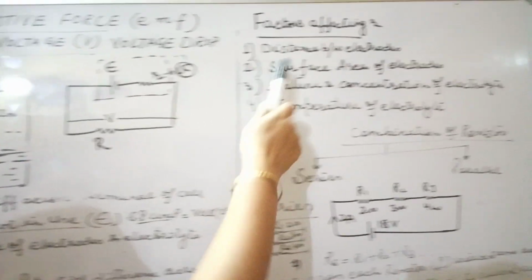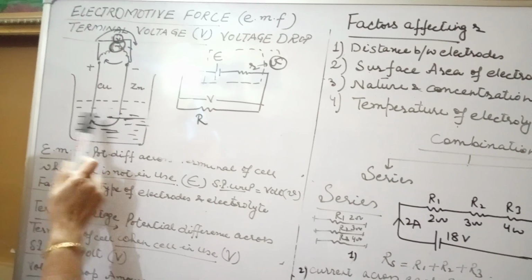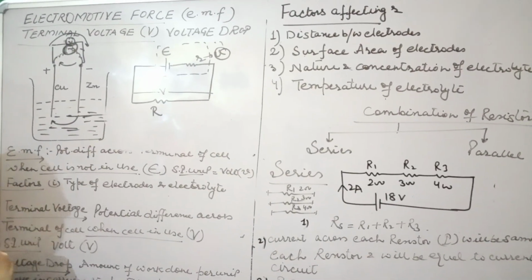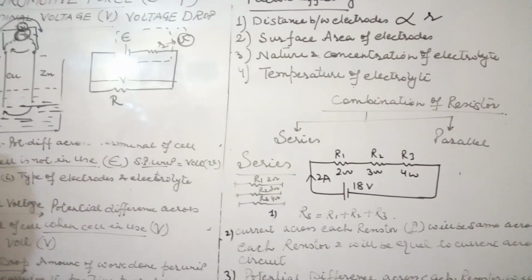Next is factors affecting internal resistance. You have seen that internal resistance is only inside the cell. So first factor, distance between the electrodes. More the distance, longer the path, more obstruction. As a result, resistance will be more, means directly proportional.